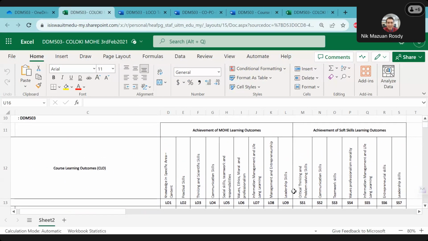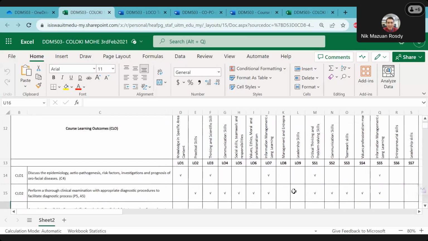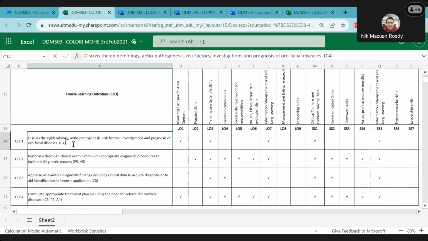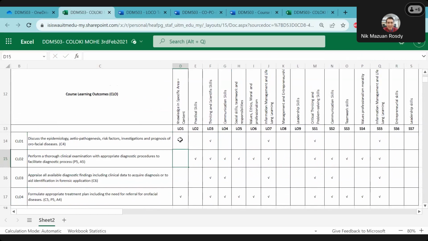Okay. Kalau you all tengok kat sini, sebenarnya there is a catch. Kalau dia C sebenarnya, my approach is dia kognitif. Bila dia kognitif, dia definitely kena buat dekat LO1 because that is a knowledge, kan?